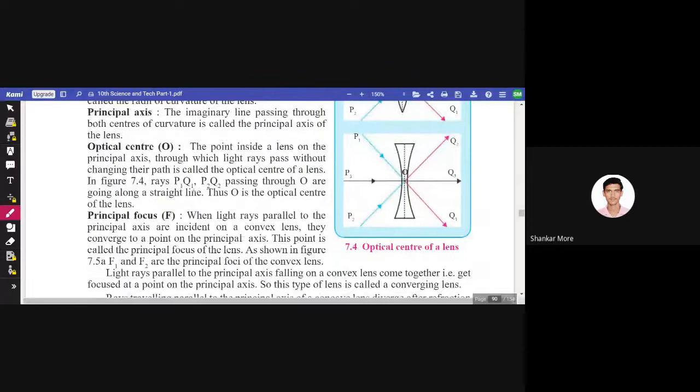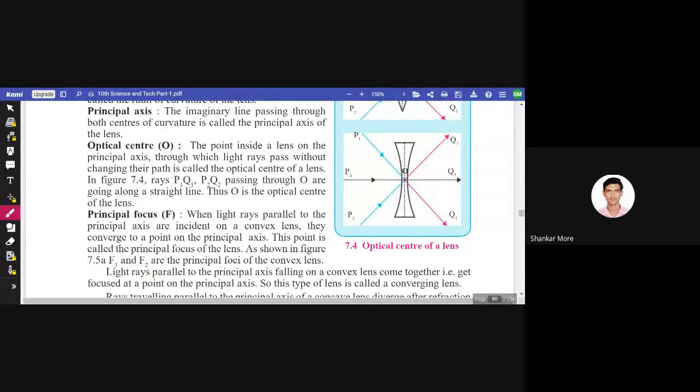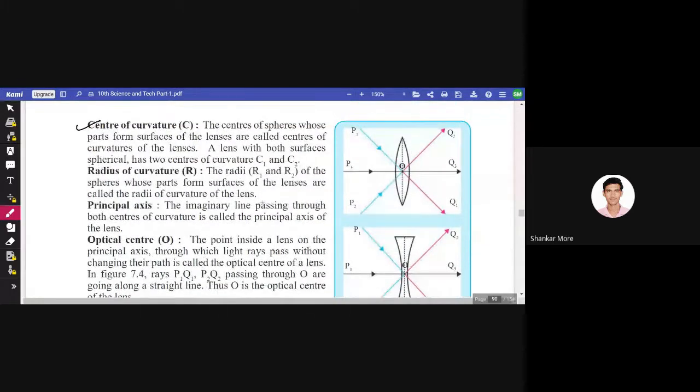Now what is principal focus? When light rays parallel to the principal axis are incident on a convex lens, they are converged to a point on the principal axis. This point is called as principal focus of the lens. सो यहाँ पे मैं एक रफ डायग्राम ड्रॉ करूंगा और आपको बताऊंगा कि what is principal focus. So students, let us suppose this is principal axis.